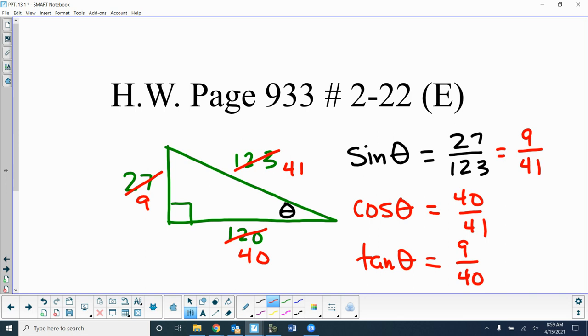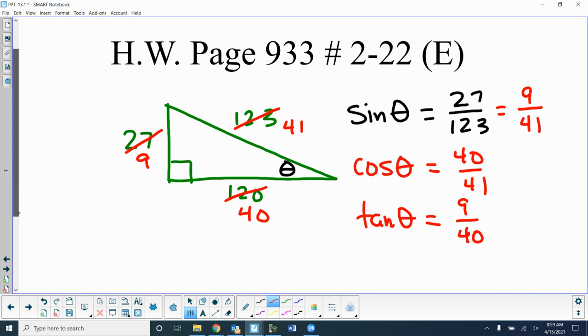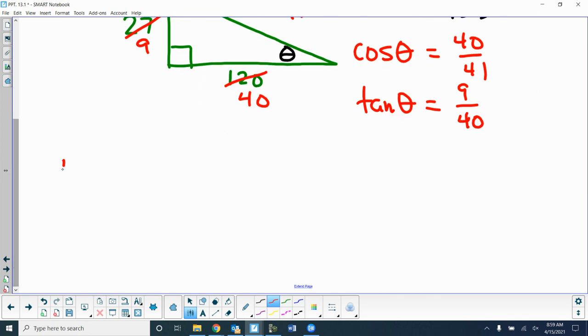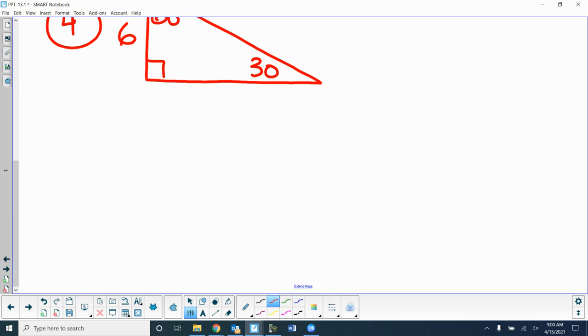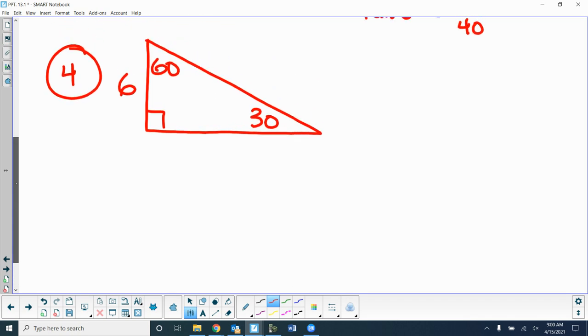Okay, number 4. Again, it says use a trig function. I would not do that. It's one of these 30, 60, 90s.